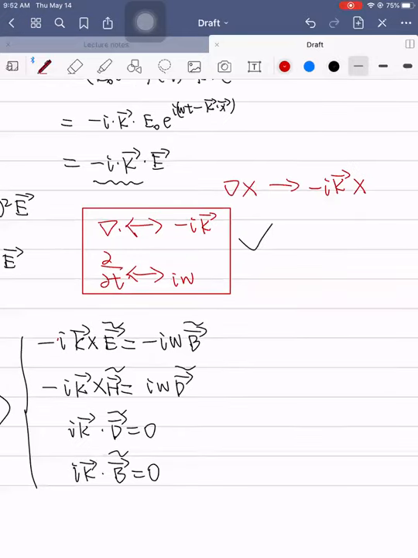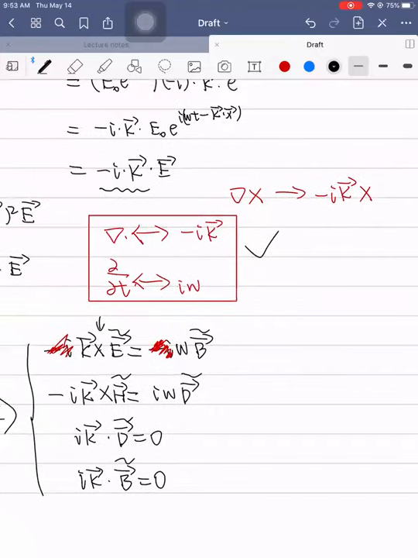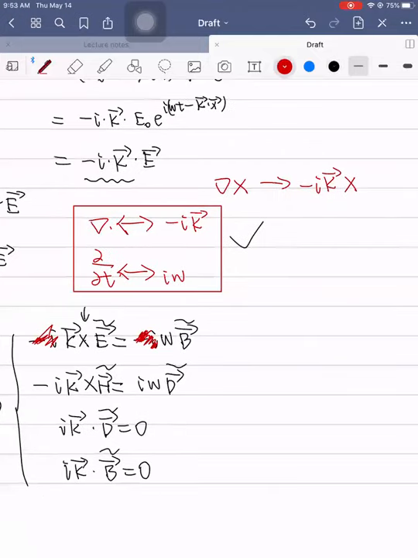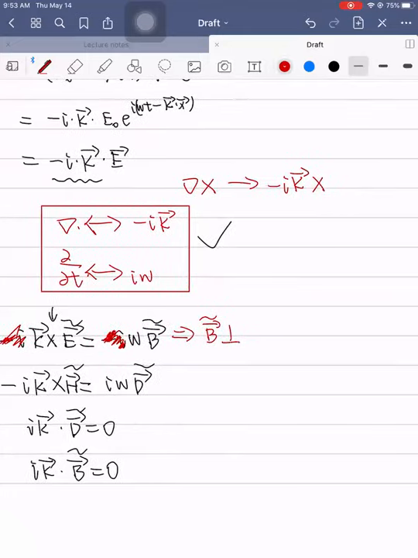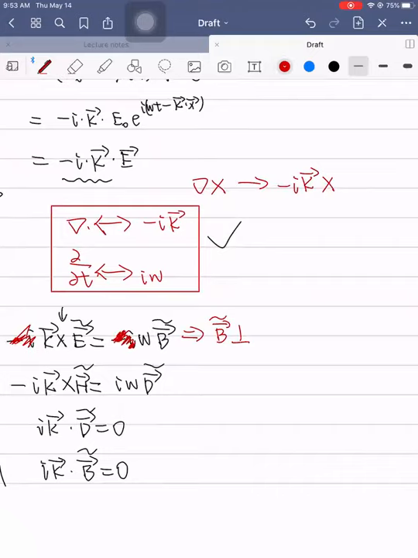We can cancel out this imaginary constant first. This cross product tells us, according to linear algebra, that k, E, B will form a right-handed coordinate system. So it says B is orthogonal to the plane consisting of k and E, right?